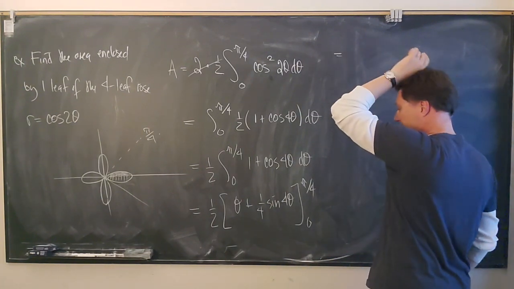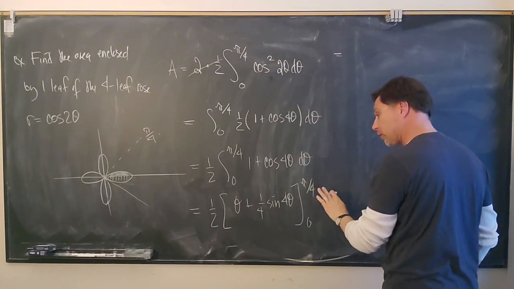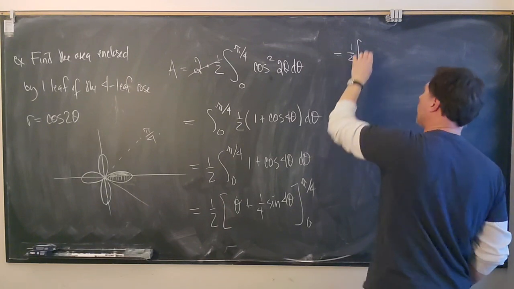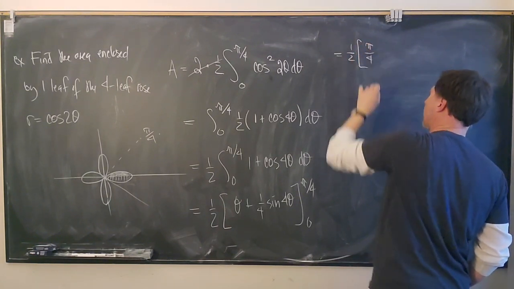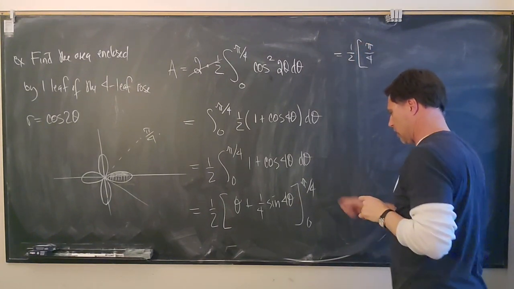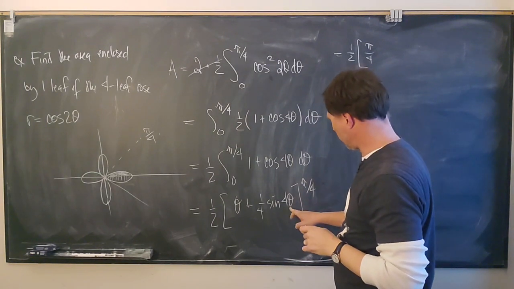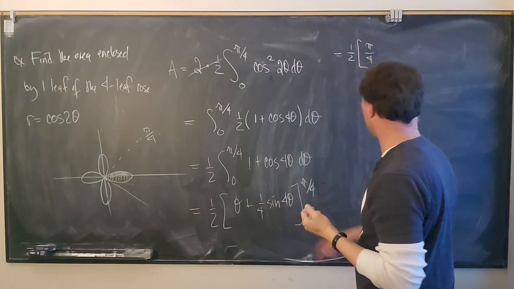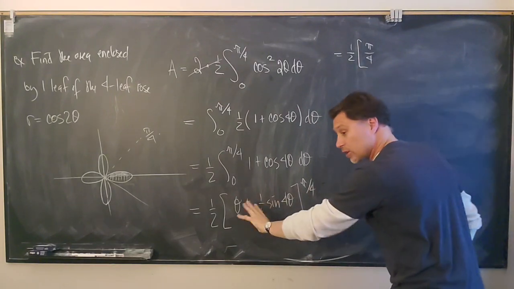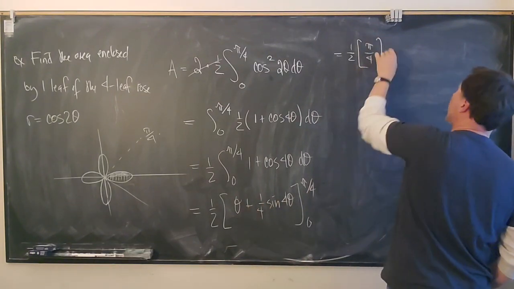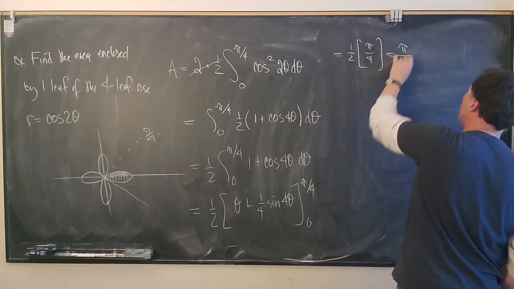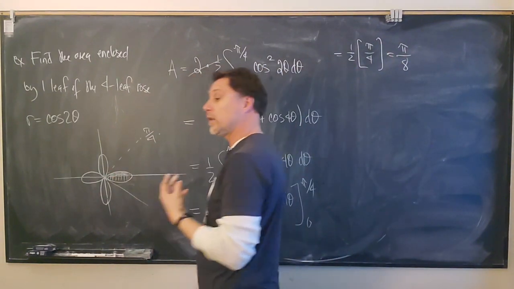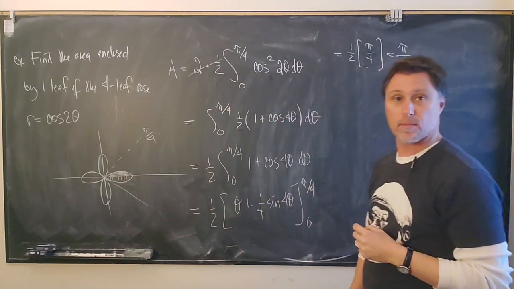Now plug in the limits of integration, and so when I plug in pi over 4, we'll get 1/2 times pi over 4 plus sine of pi, which is 0. And then when I plug in 0, we'll get 0 all the way through. So in the end, what we get is pi over 8. All right? So the area enclosed by one loop is equal to pi over 8.